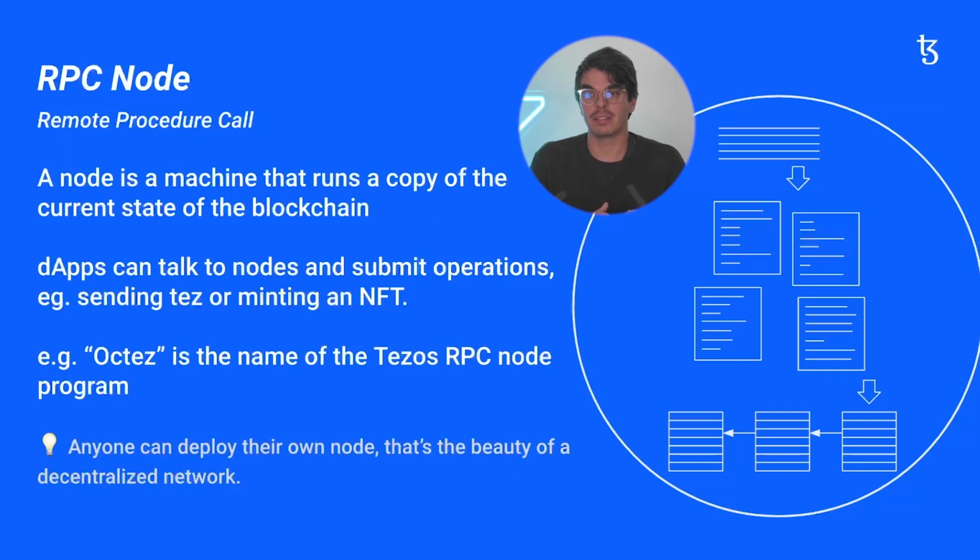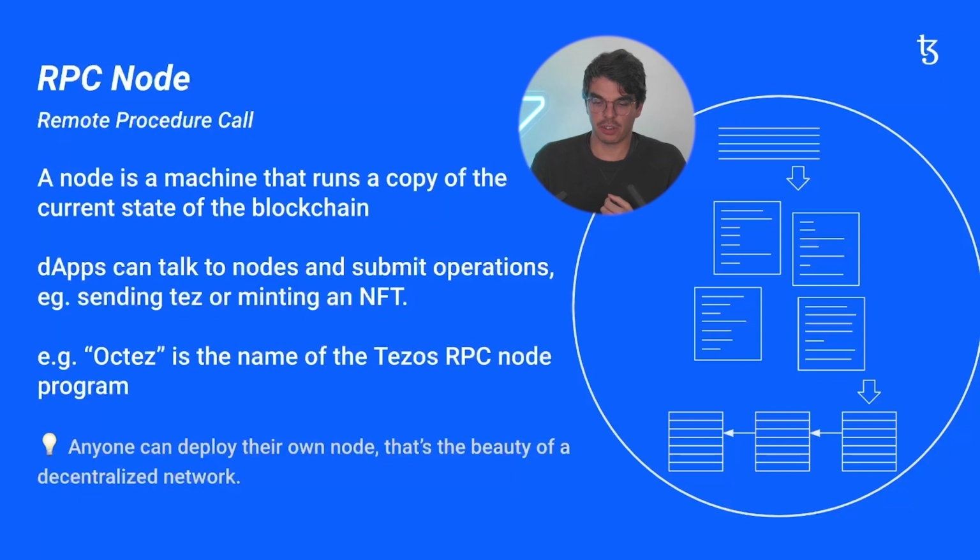So in dApp world or in blockchain world, that means that the node needs to allow us to read the state of the blockchain, or at least the part of the blockchain that's relevant to our dApp, which is the smart contract storage and maybe some other parts of the blockchain. And also it needs to let us submit operations to the blockchain to change this state.